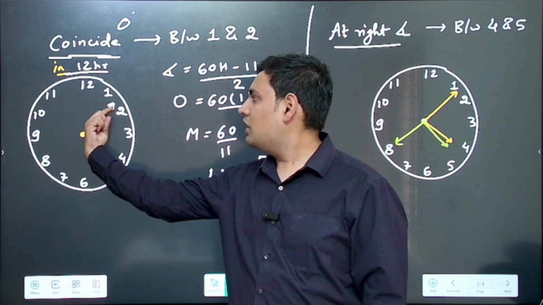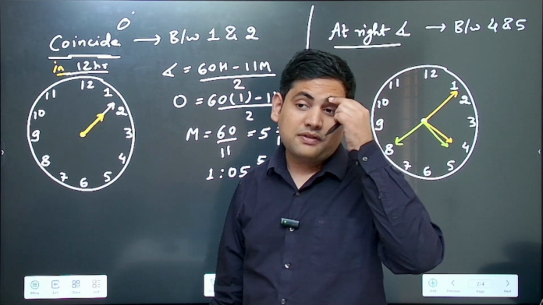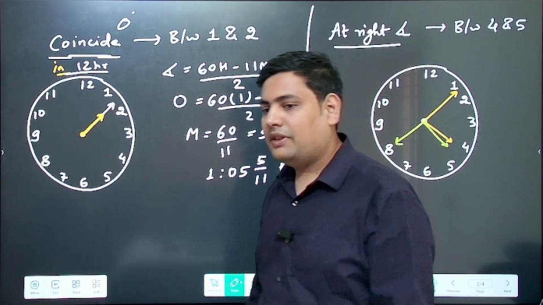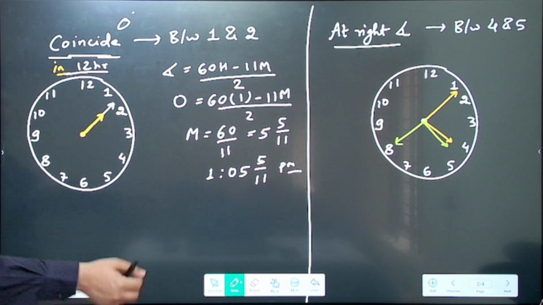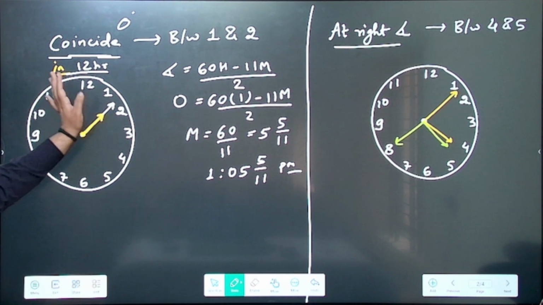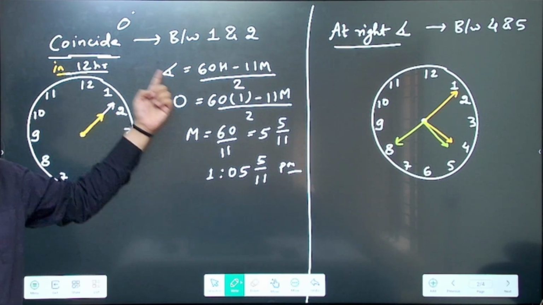Eventually it will coincide, but that will be after 2. So only once can you have coincidence between 1 and 2.